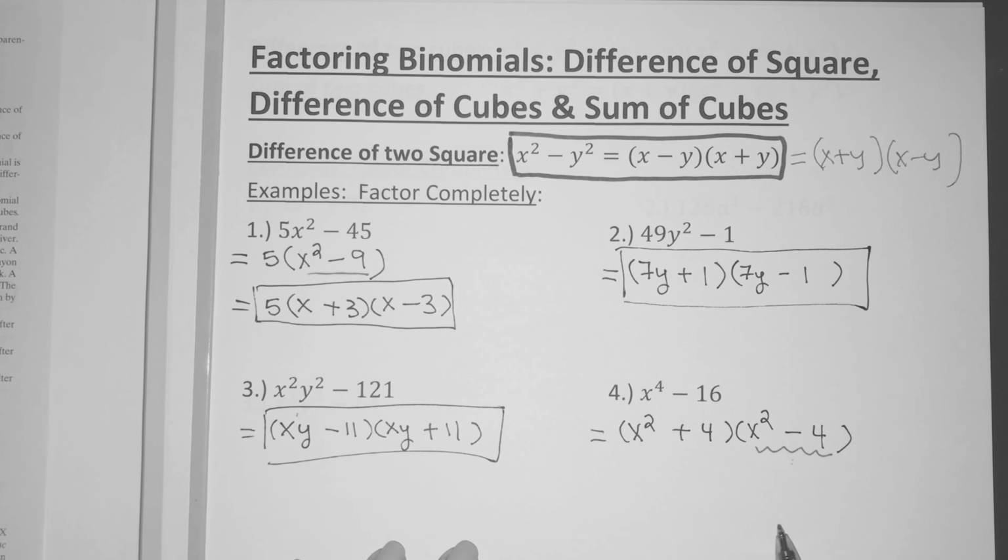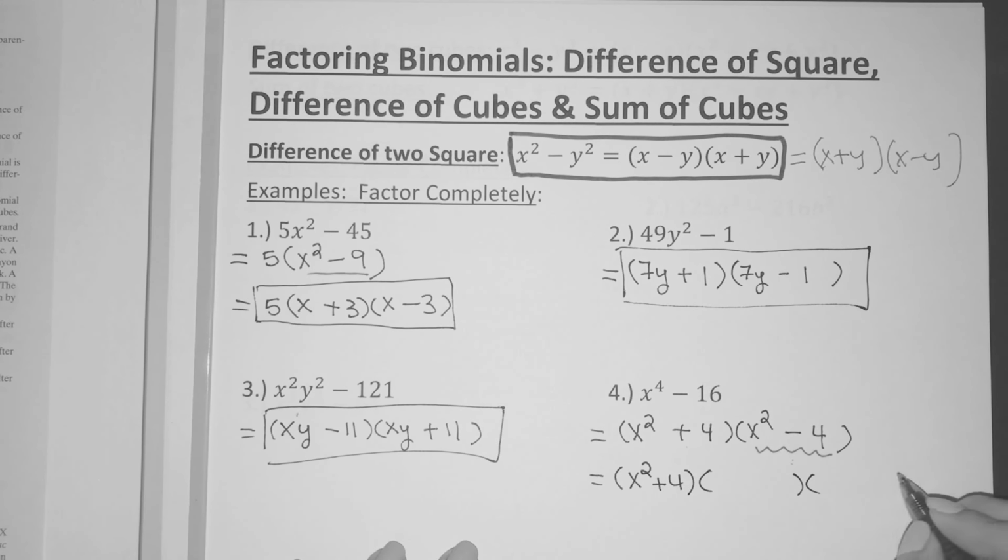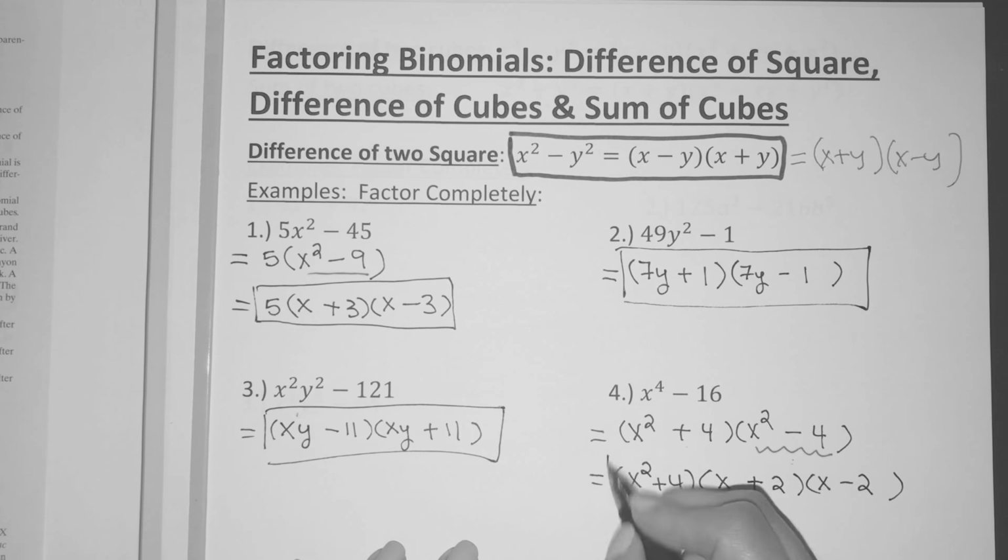And so there's one more step to get to the final answer. x squared plus 4 we can't factor. This is not a difference of squares, and so this just carries over, carries down, and then we're going to factor this part. And so we have x and x, opposite signs. And so now this is completely factored. This will be our answer.